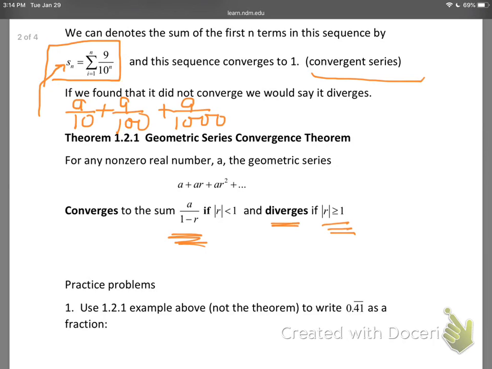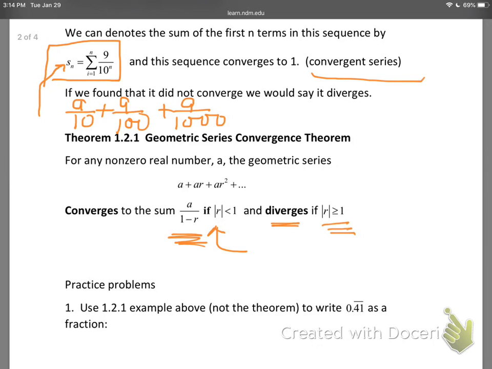Okay, so think about that. I've already told you that the 0.9 bar notation converged, and I referenced the fact that the absolute value of r was indeed less than 1. So think about that, and we're going to move on to the practice problem.